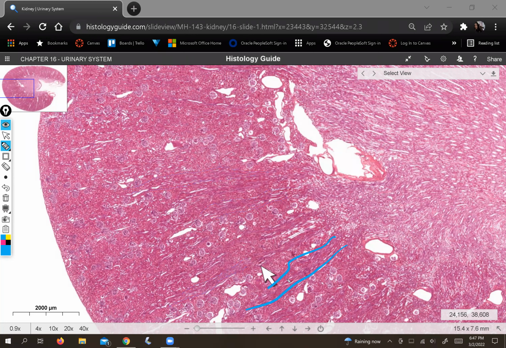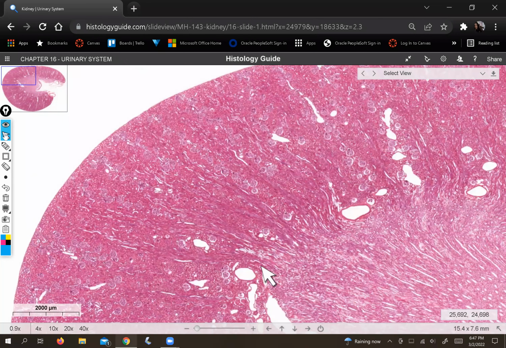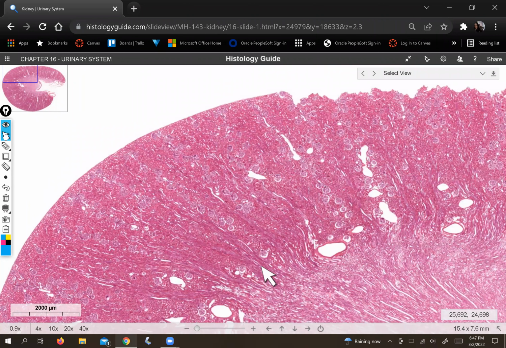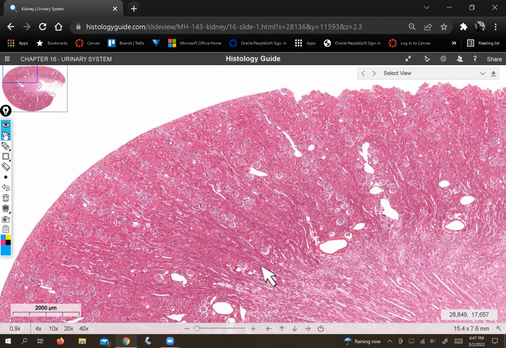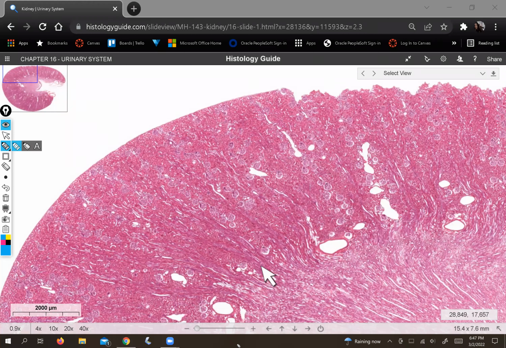So let's go look closely at what all that looks like. I'm trying to find a good spot. Well, I guess they're all kind of the same, so I'll just zoom in and we'll go from there. The only other thing I want to point out before I zoom in is, in addition to the medullary rays, which you can see from this low magnification, you should also be able to see that, like, if we just go ahead and outline the corpuscles, they're in like little clusters.